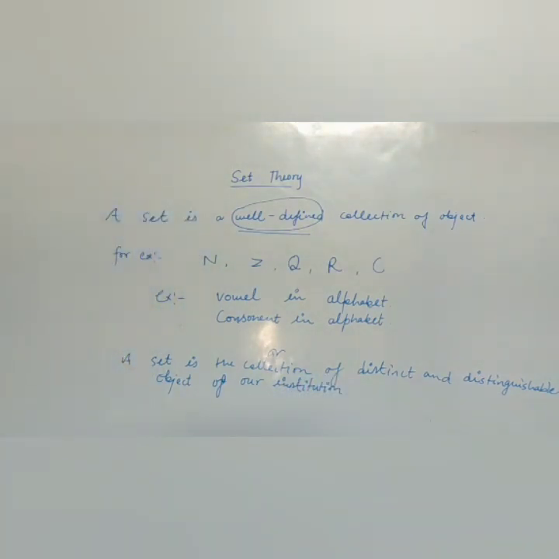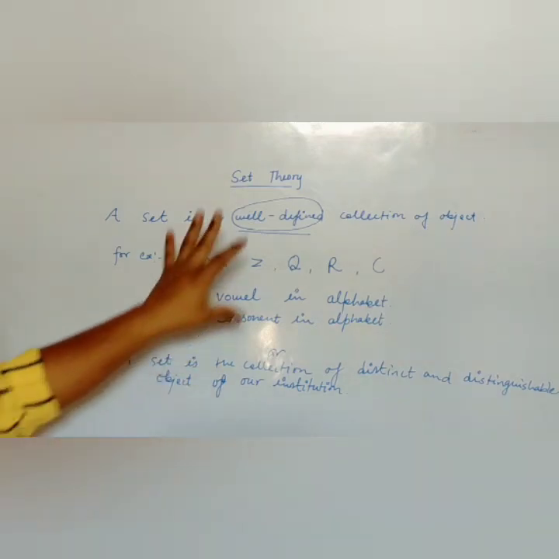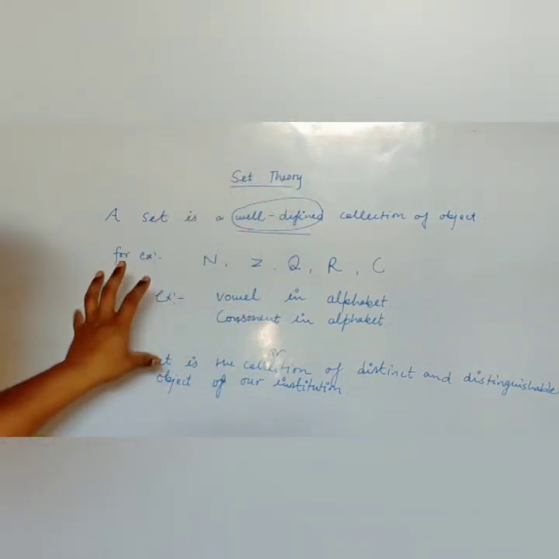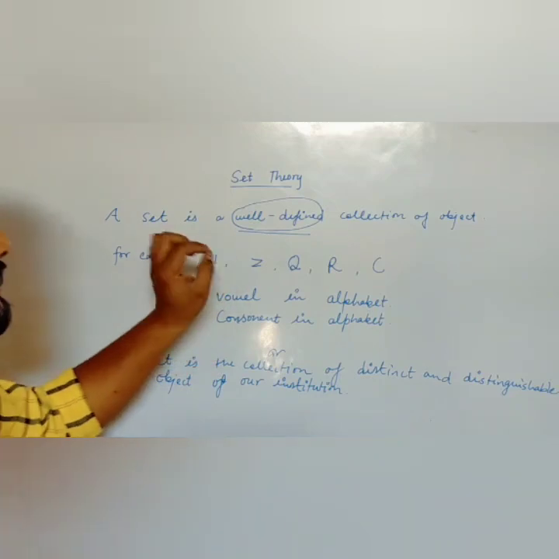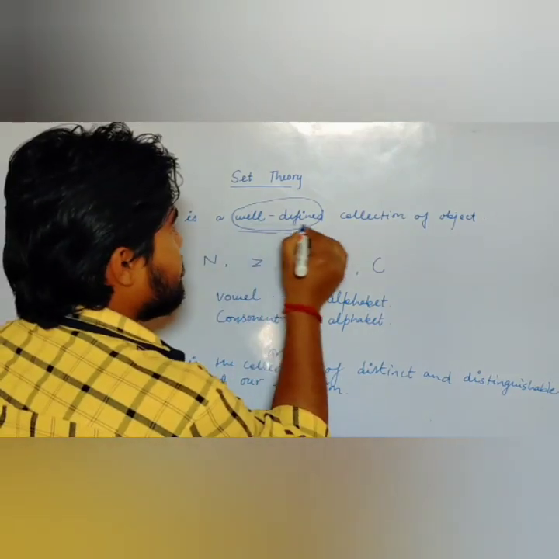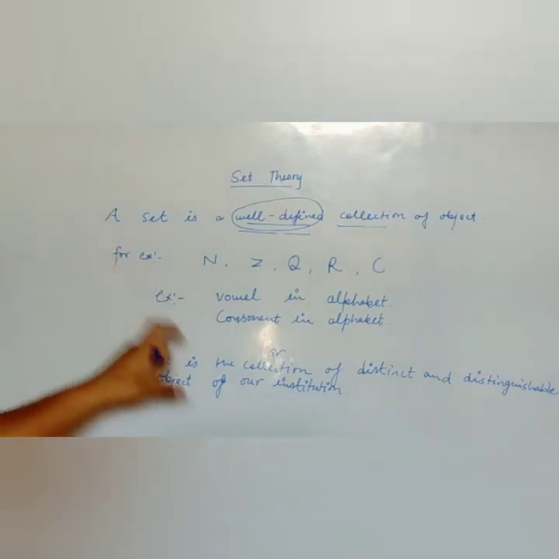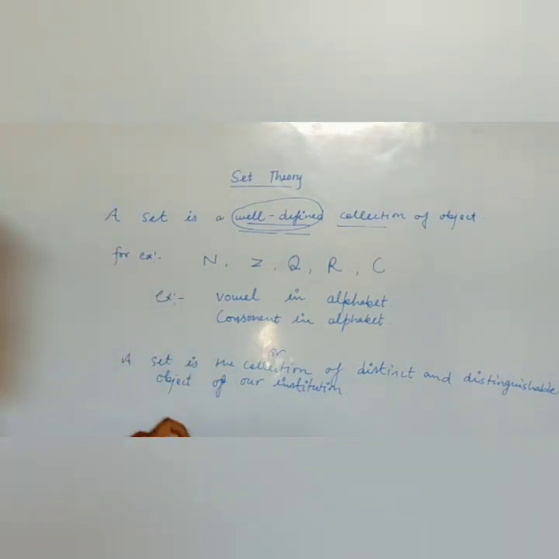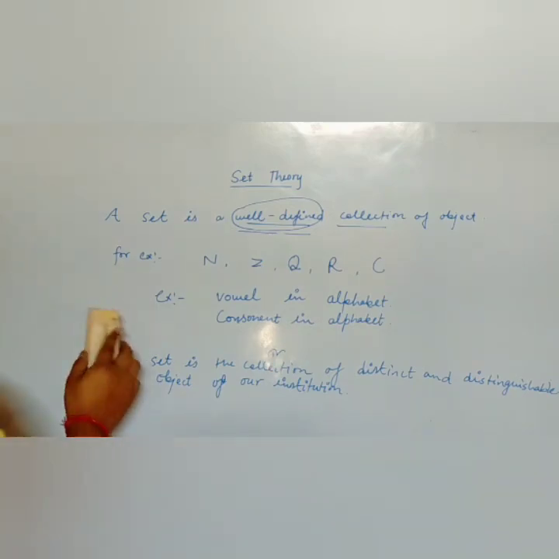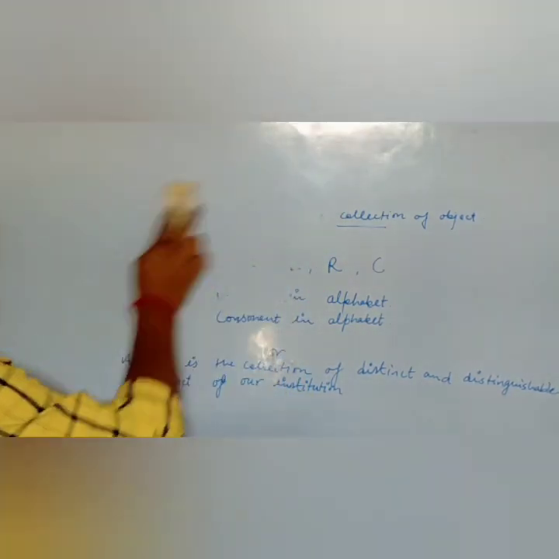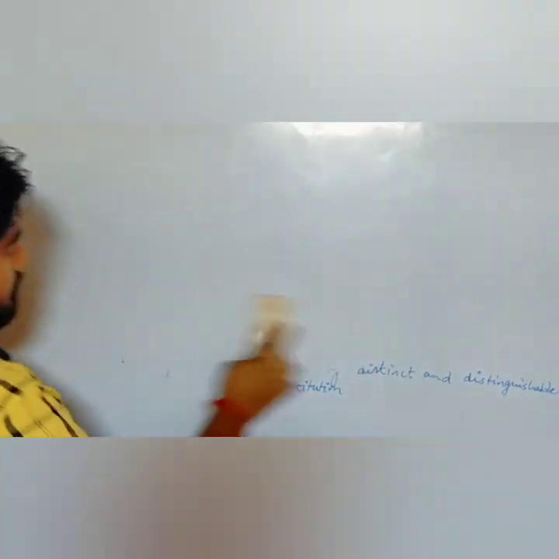So this is the definition of a set. It is a well defined collection of anything, such as natural numbers, vowels, consonants, and many things which are objects of our institutions. I hope you understand this topic.